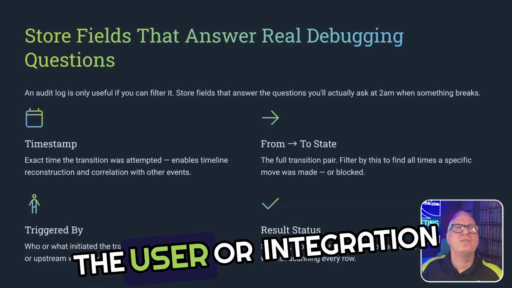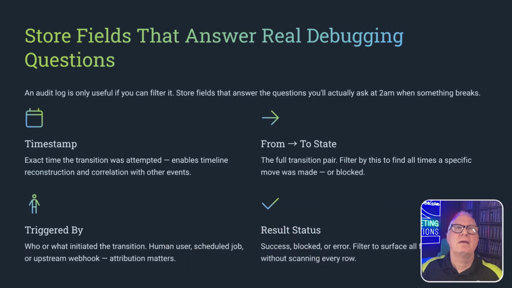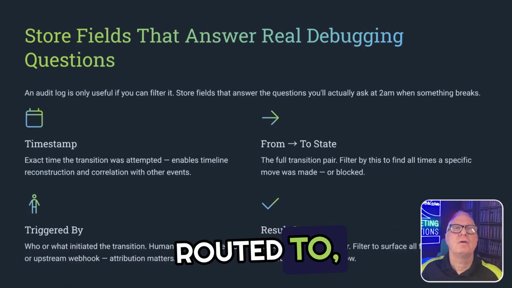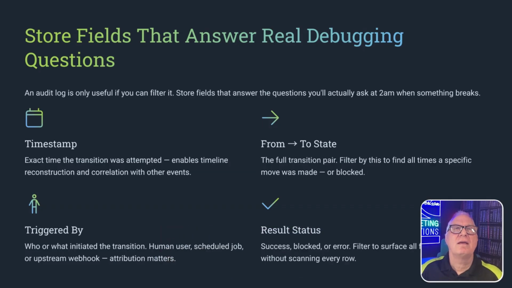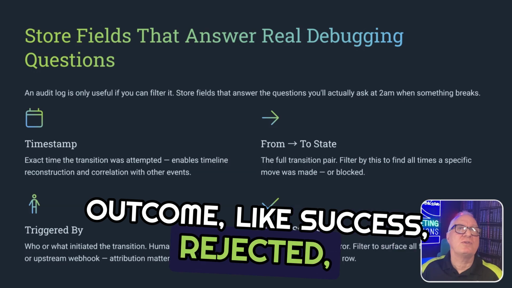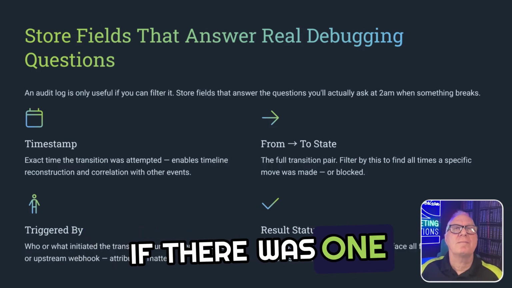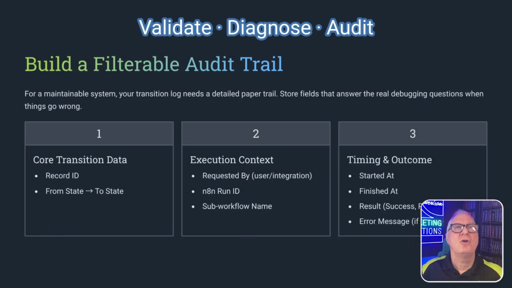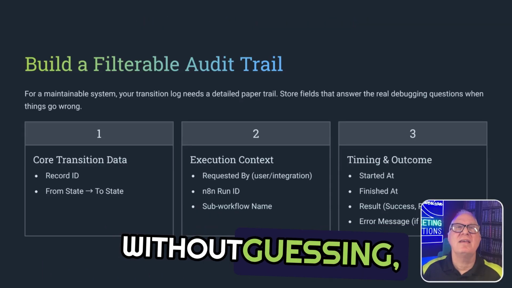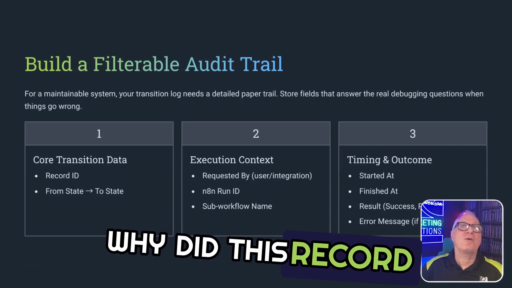If you can capture the user or integration, the n8n run ID, the subworkflow name you routed to, started at, finished at, outcome like success, rejected, or error, and the error message if there was one. That gives you three things you don't get from scattered automations. You can validate behavior, you can diagnose failures without guessing, and you can hold the system accountable when someone asks, "Why did this record move?"